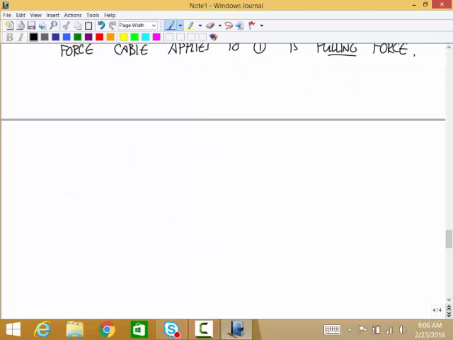Okay, so if you have a pulling force, here's what we know about it. The pulling force direction, first, it's parallel to the cable.